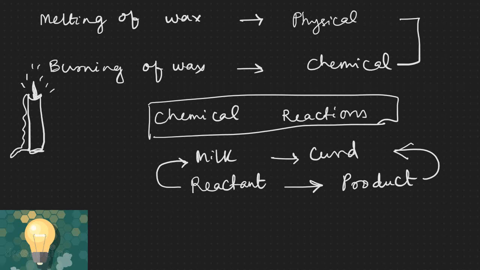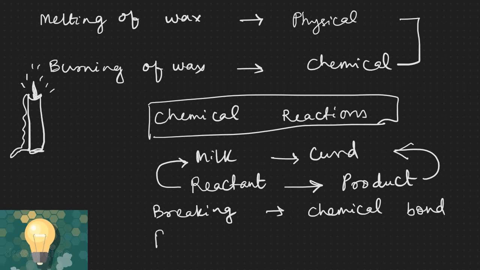So a chemical reaction involves breaking of chemical bonds, the bonds inside the compounds, so that the reactant molecules rearrange to form products. That's why a chemical reaction simply involves rearrangement of atoms, I will say not molecules.